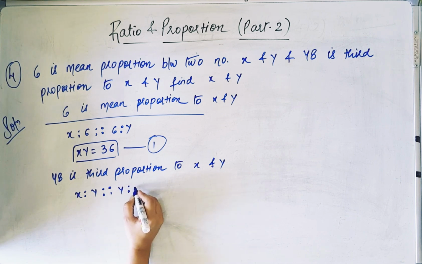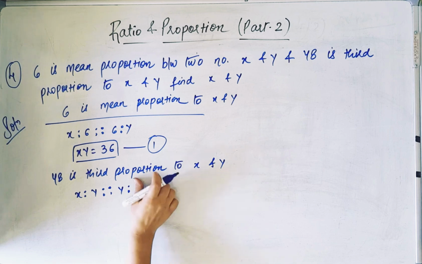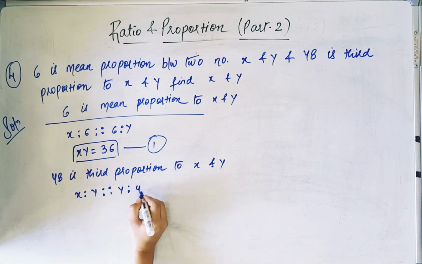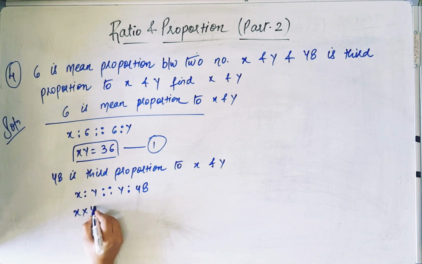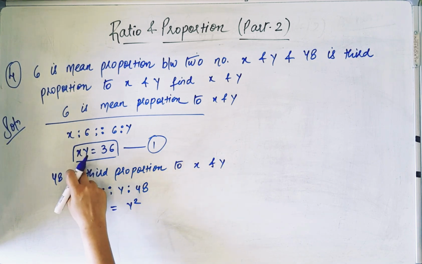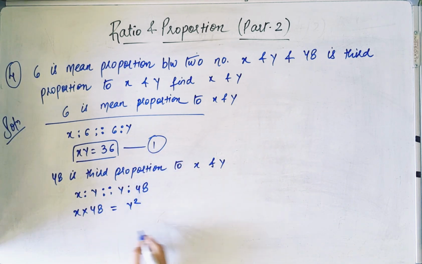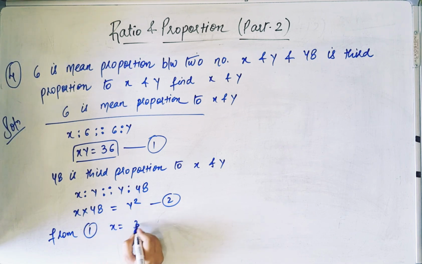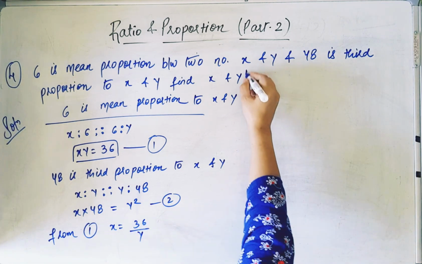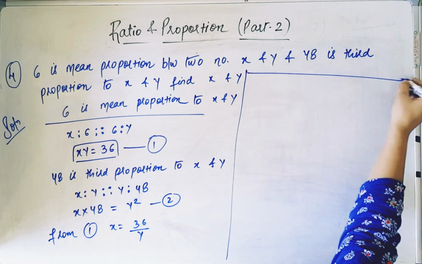We'll assume it to be continued only. तो y is to what? 48. Again product of extremes equals product of means, x into 48 equals y square. यहाँ से अगर हम x की value निकालते हैं from first, this is second equation, from first x is equals to 36 by y.